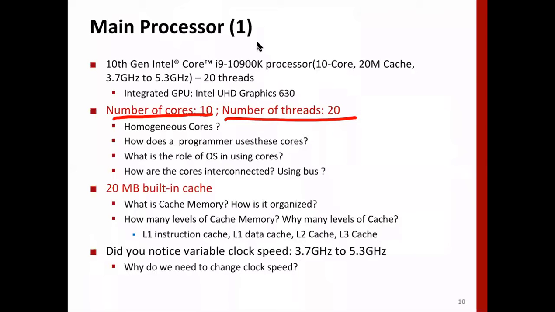So a process or program you are running can have multiple threads if you can fork it to different cores. It means that 20 threads can run over 10 cores. So when we say 10 cores, it means that 10 processors are there inside a chip. So the question is, are they similar?